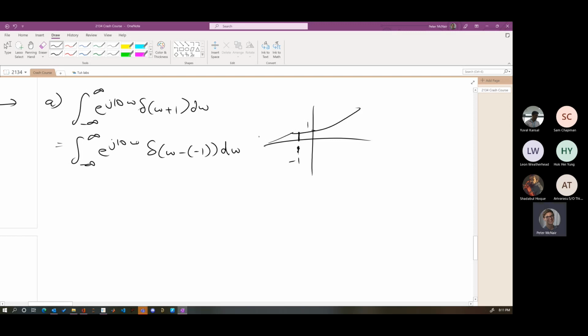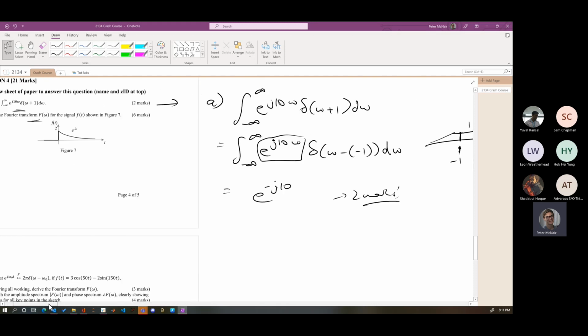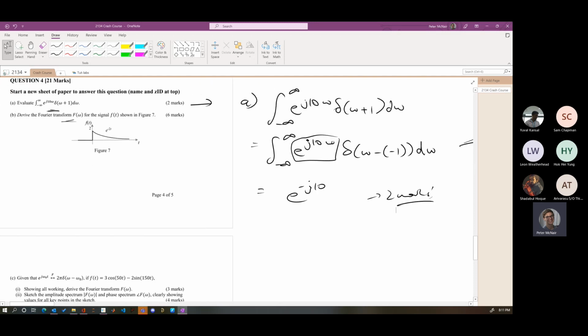So it essentially just picks out the value of this at -1. This is just e to the -j10. Easy, 2 marks, right? Just remembering those little things can be really, really helpful.